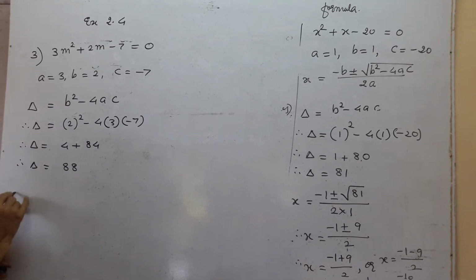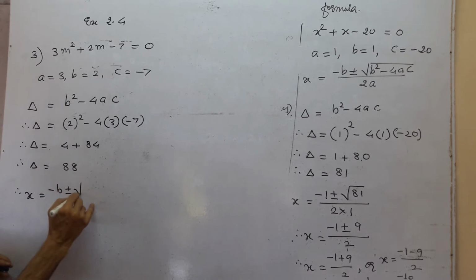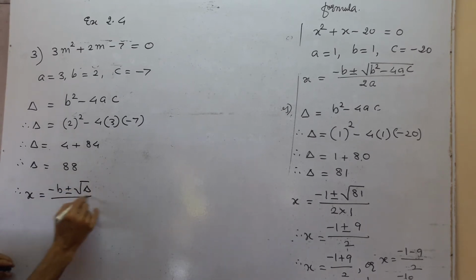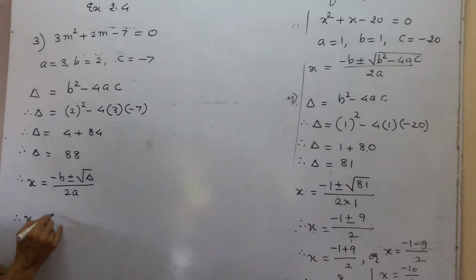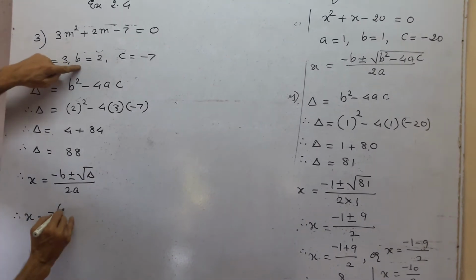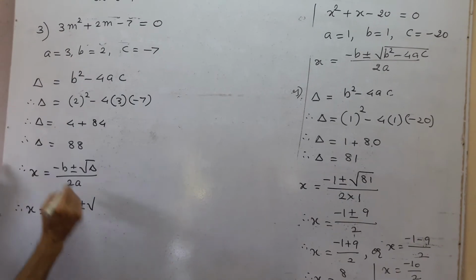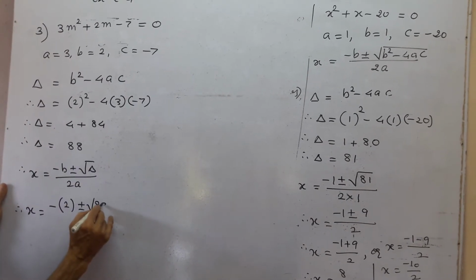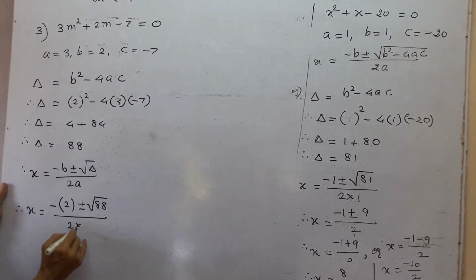Now let's write the formula. x equal to minus b plus or minus root delta upon 2a. Minus b, but b is 2, plus or minus root 88, delta is 88, so write 88 under root, upon 2a, but a is 3.